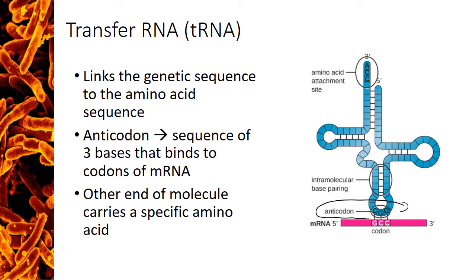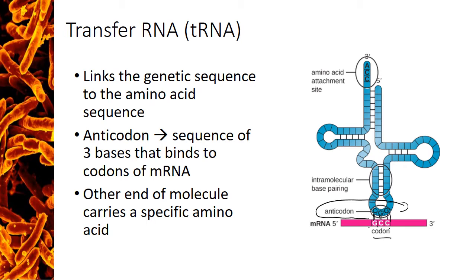That anticodon, you will notice, forms complementary base pairs with the codon itself. So where the codon reads GCC, the anticodon is CGG to form the complementary base pairs. The tRNA with this specific anticodon will be carrying the amino acid that corresponds to the codon itself.